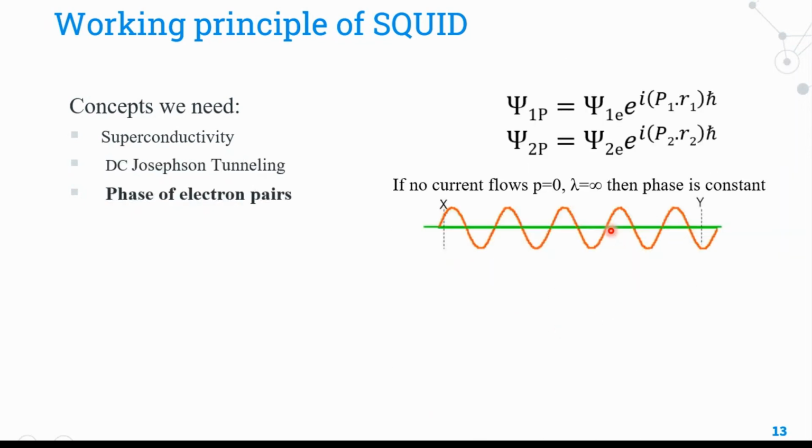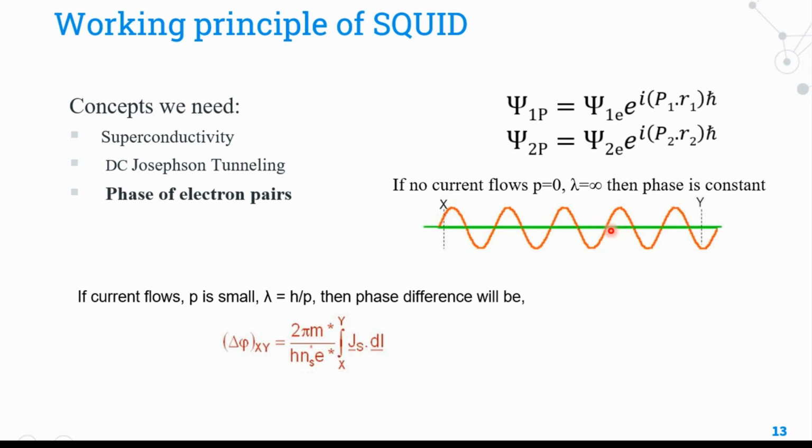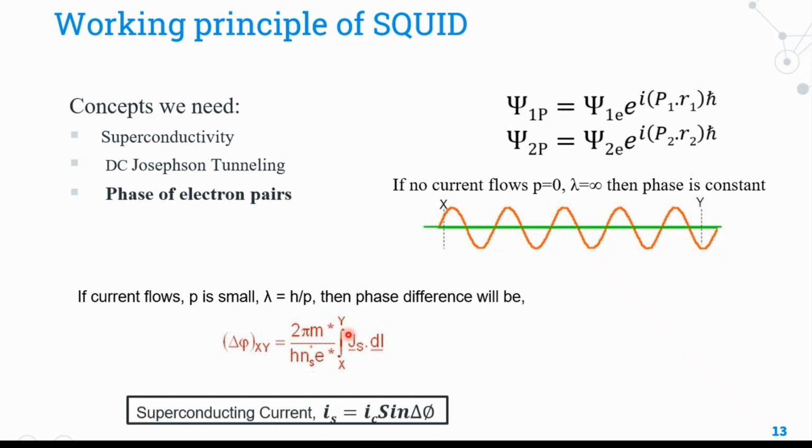If there is no current flow, then between the two points x and y there will be no phase change. That is, the phase will be constant. But if current is flowing, then the phase change between x and y will be proportional to the current density.